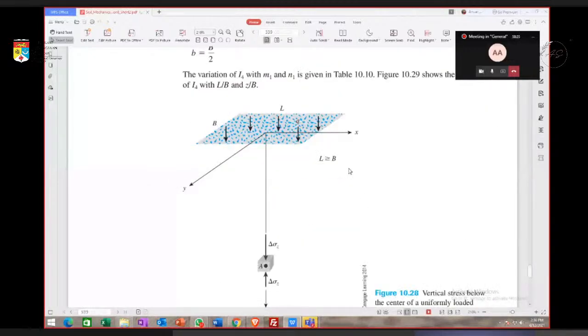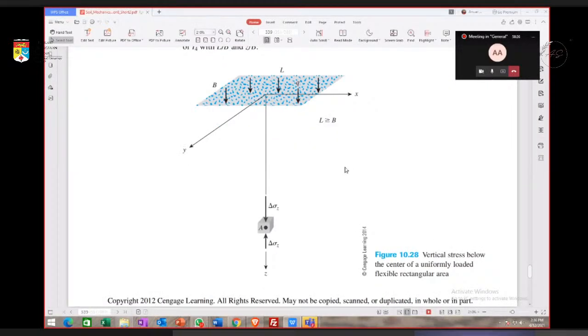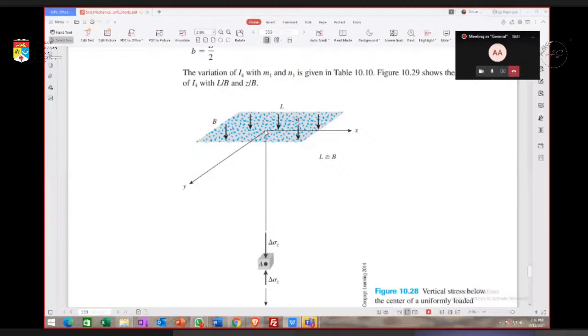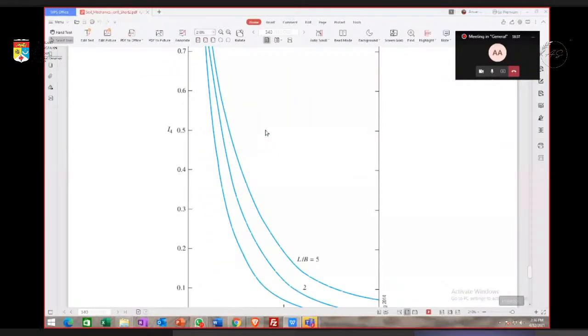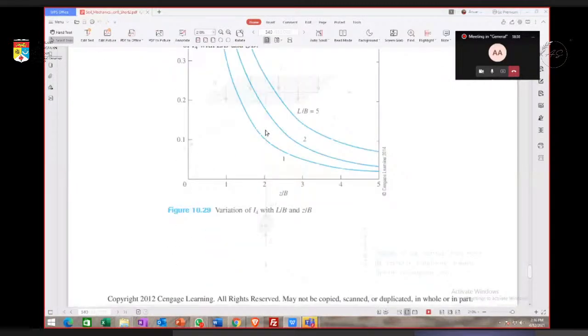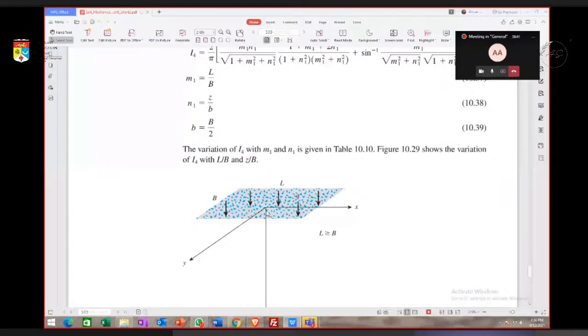If the point is at the center of the rectangle, we can use this one. So it is very important for you to look at what the reference for the location of the stress is, whether it is at the middle or at the corner of the rectangle, so we use the right equation.